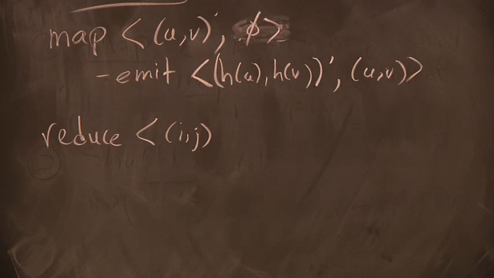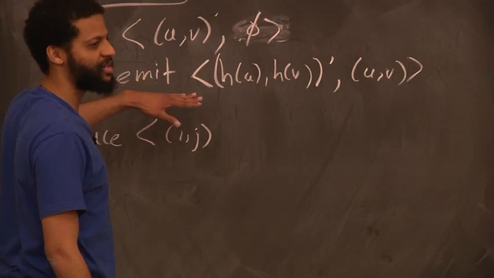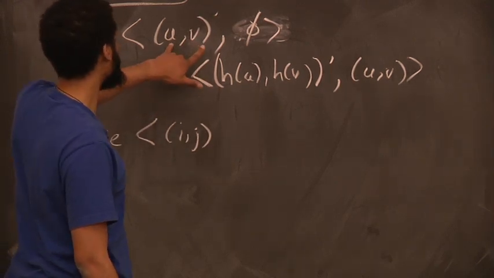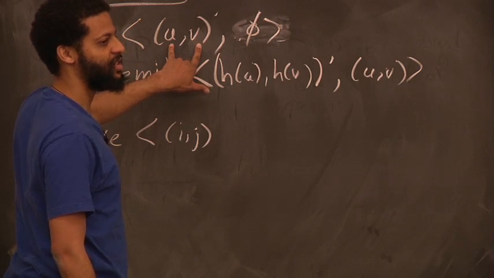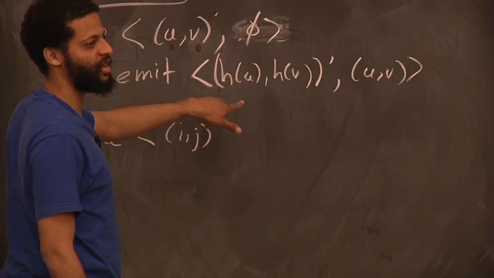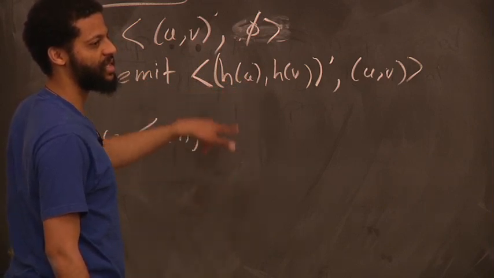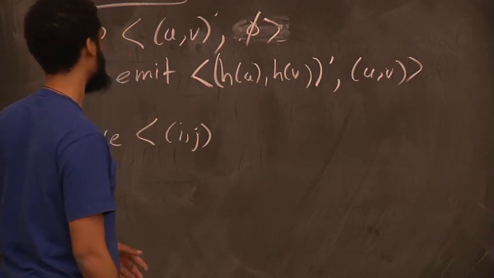Yeah, but I guess it also means that I need to change how the map works, right? Because if u and v actually lie within the same partition, then I also need to emit to all other places where that edge appears. Do you see what I mean?